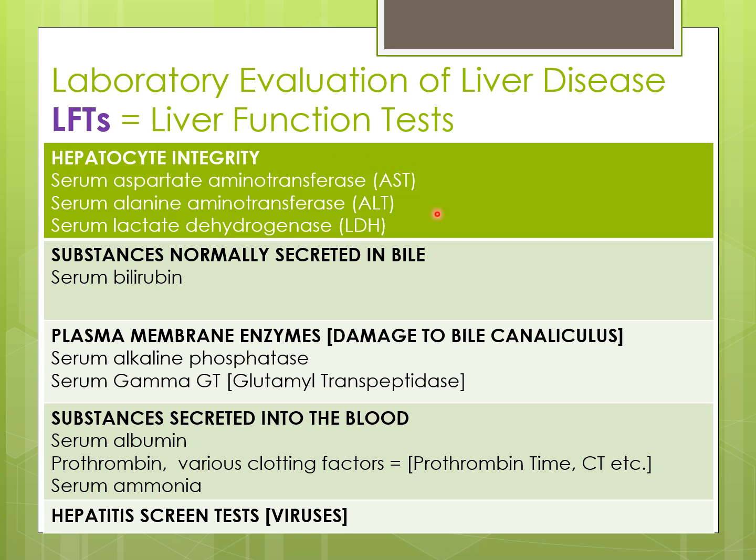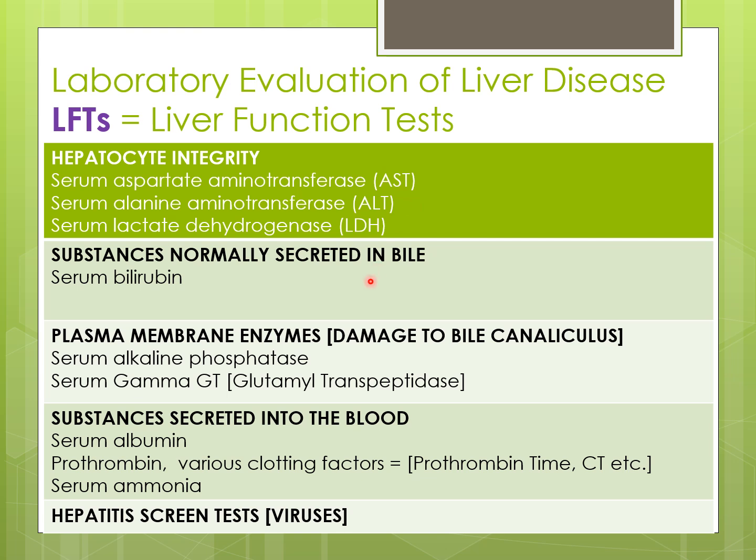If they are elevated, then we will come to know that the liver cells, the hepatocytes, are damaged or they are dead. These are the three enzymes: AST, ALT, and LDH. In acute hepatitis, this ALT is most important and is maximally elevated.